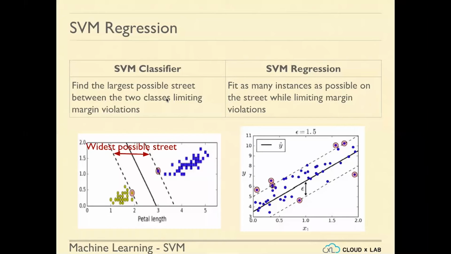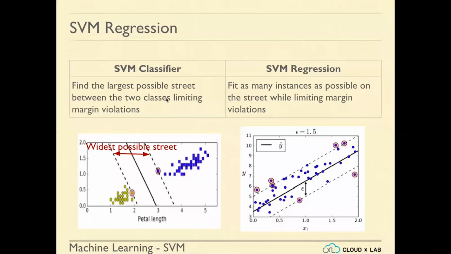But in case of regression, what we do is we fit as many instances as possible on the street while limiting the margin violations. So we come up with a street which can fit the maximum number of instances within the street, and the middle line of that street is our model.